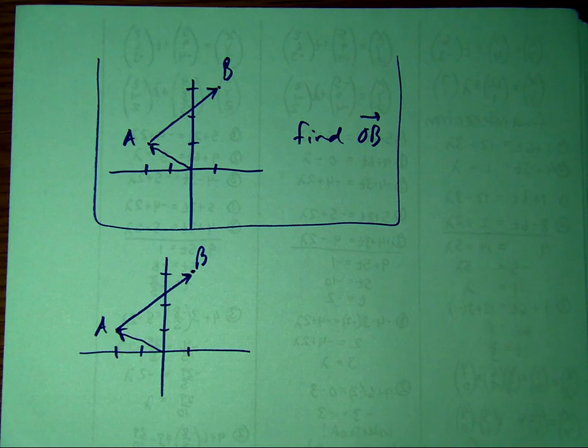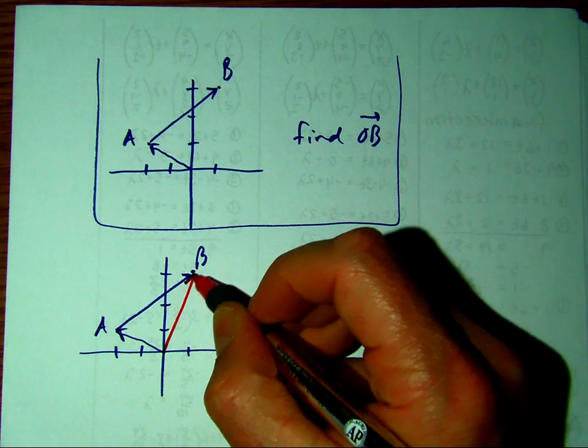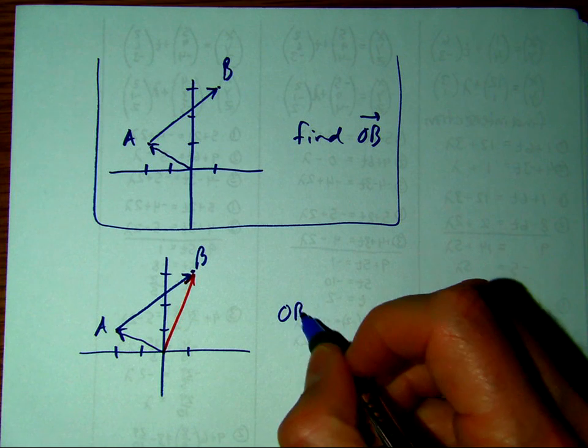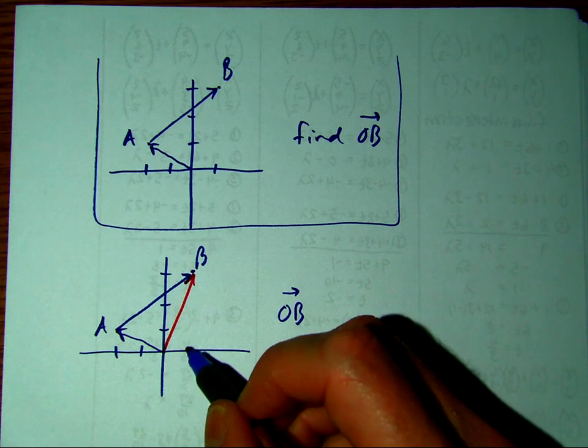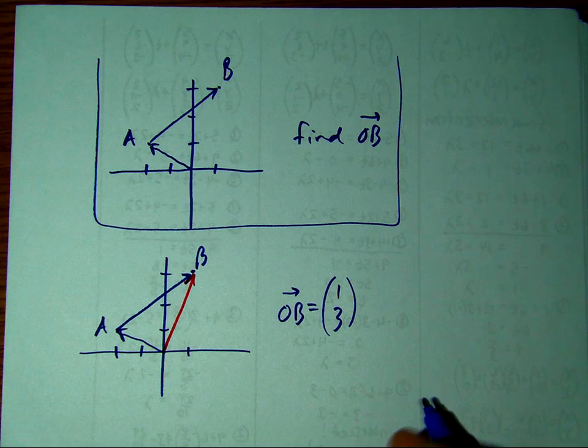So we want to find OB, which is from the origin to B. We can see by counting spaces that it's 1, 3. It is 1, 3 as a vector.